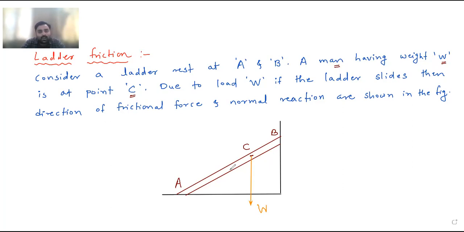But the ladder also has its own self weight, which acts through the CG of the ladder. Suppose that point is this one. From here, I will show the self weight of the ladder. Let us say it is small w. So capital W is the weight of the man, and small w is the self weight of the ladder.